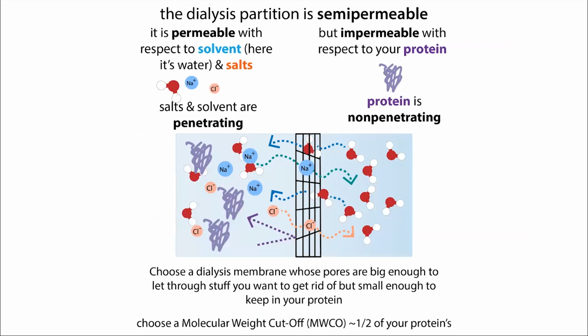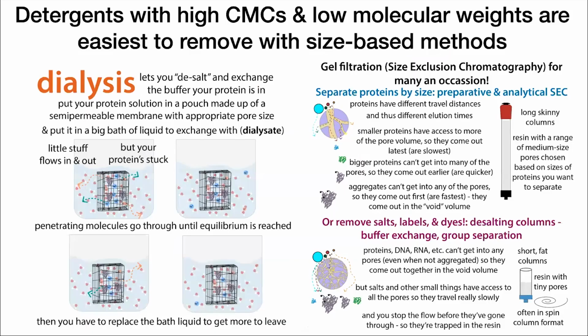And so you're going to stick that little pouch into a big beaker of liquid, and the small things are going to diffuse out, they're going to wander out, whereas the bigger things are going to be trapped.